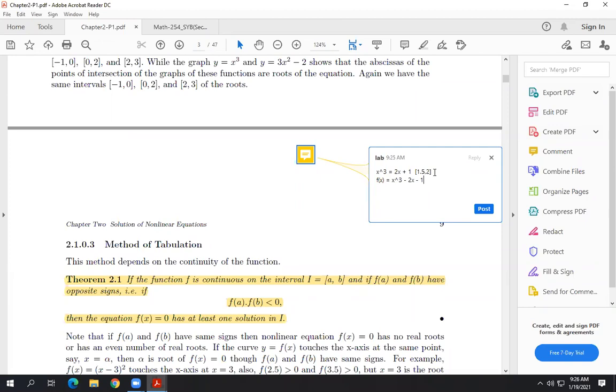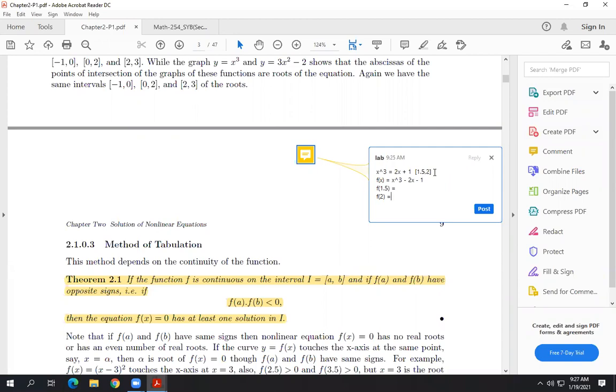You have to check f of a, which is 1.5, and f of b, which is 2. Right? What is f of 2?